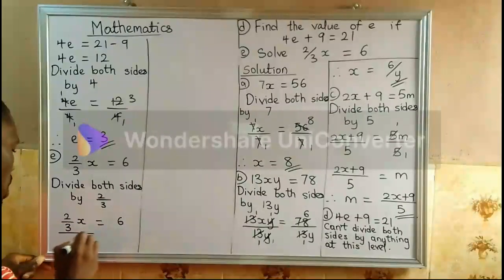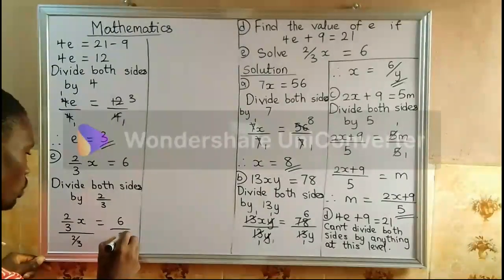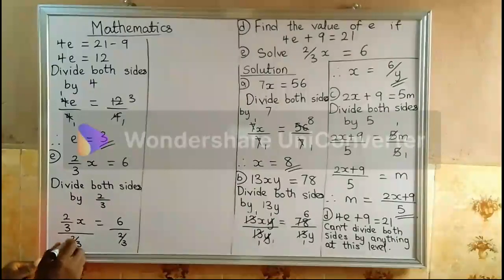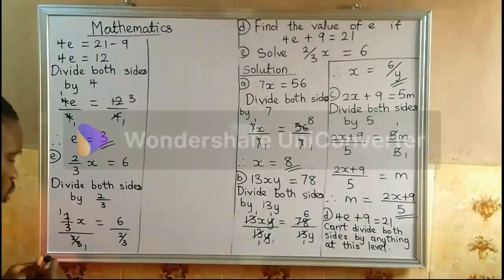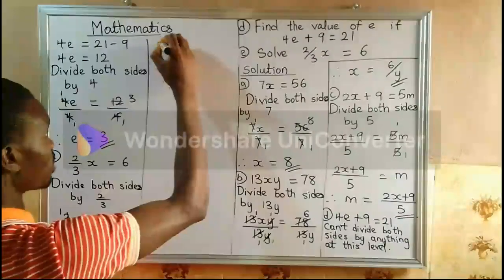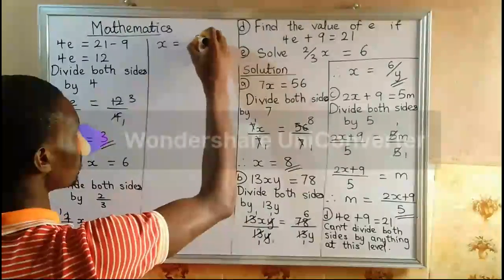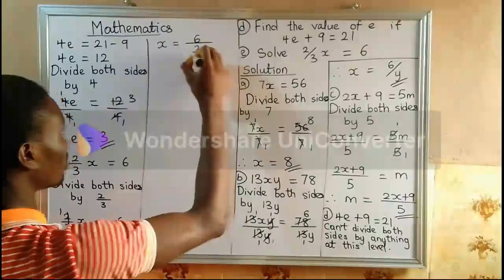So you divide the first side by 2 over 3, and the second side by 2 over 3. Okay? 2 over 3 here 1, 2 over 3 here 1. Okay, so we have x equals 6 all over 2 over 3.